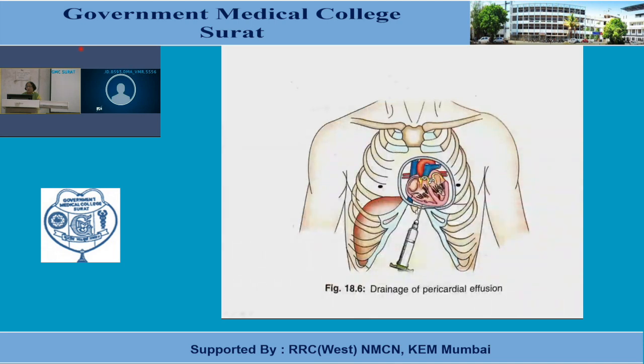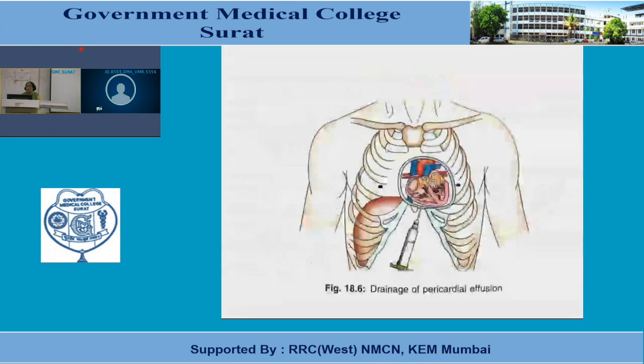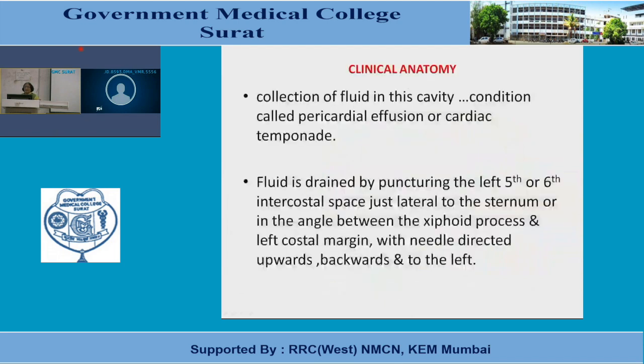So here we can say we introduce the needle for pericardial effusion at the fifth or sixth intercostal space. The space between the second and third ribs is called the intercostal space. These are the intercostal spaces visualized in the given diagram. So how to drain the abnormal fluid from the pericardial cavity?